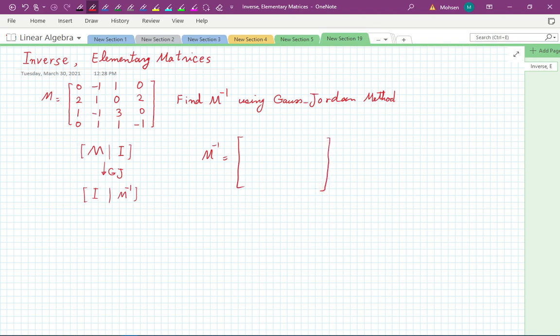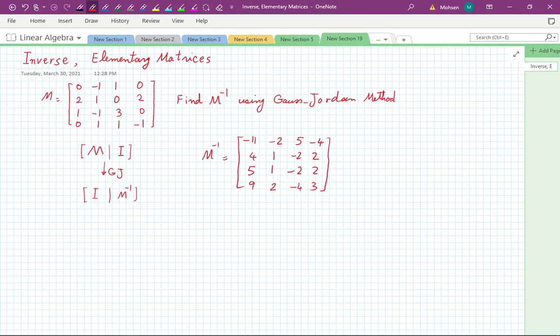So what we have done here is that after that operation, we found the M inverse, the matrix on the right hand side. It was 11 minus 2, 5 minus 4, 4, 1 minus 2, 2, 5, 1 minus 2, 2, 9, 2 minus 4, 3.